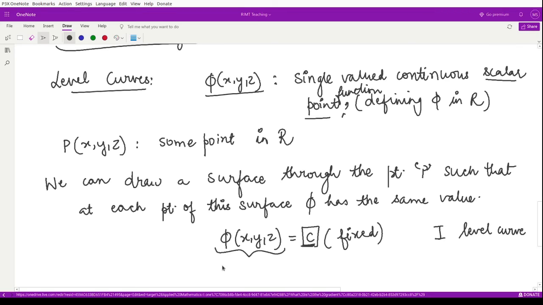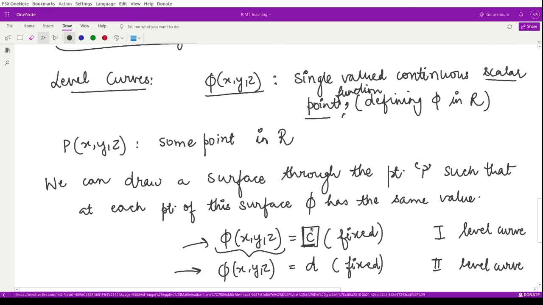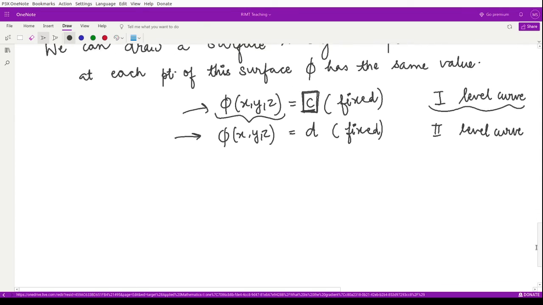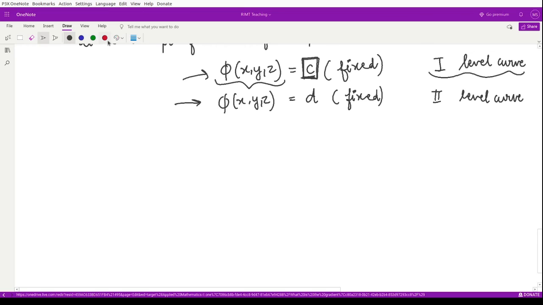For another level curve, phi of x, y, z would be equal to some other constant, let me call that d. So this is also fixed for this second level curve. I mean to say that whenever you move from one level curve to another, the value of this constant will change, but if you remain on that particular level curve, its value won't change. It will remain constant.